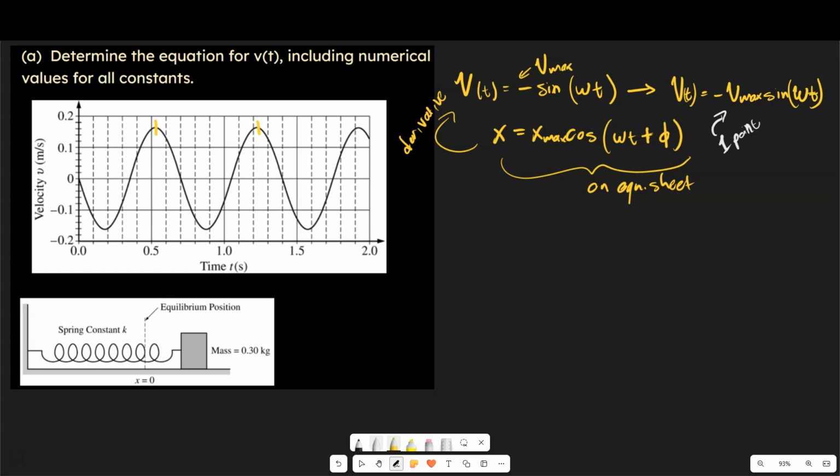So to be able to detect our period here, let me use a different color and label what we have. So we have a little more than 0.5 seconds, and that is for right here, right? A little more than 0.5 seconds. And then off to the right, we have a little more than 0.12 seconds.